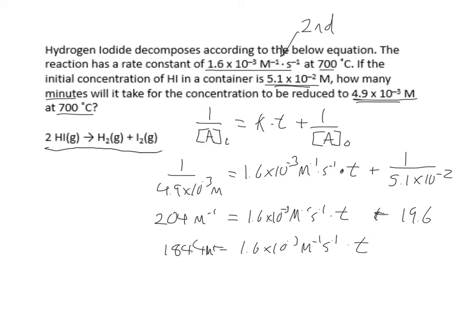Divide both sides by that rate constant, and I get t is equal to 115,250 seconds. And the question asked us for how many minutes it will take. If we convert that into minutes by dividing by 60, I end up with 1,920 minutes.